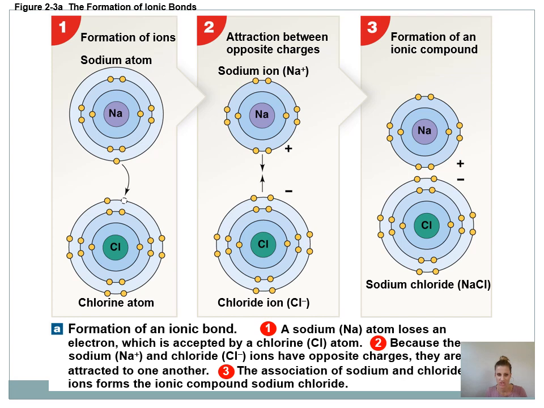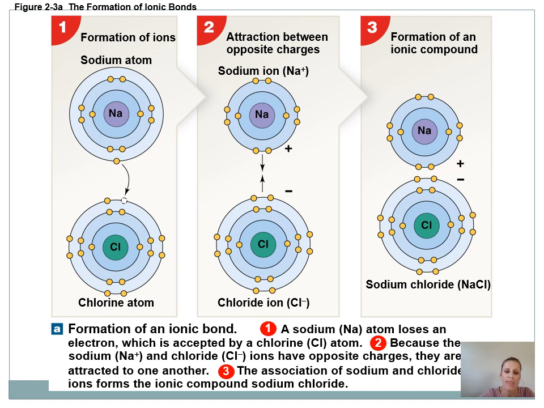They're a perfect match. So that's exactly what happens. This electron that sodium was giving away, it gives it to chlorine. Chlorine's happy to take it on. So if you look over here, this is what chlorine ends up looking like. Now it has 8 electrons in this third shell, which means the shell is full and it's happy.